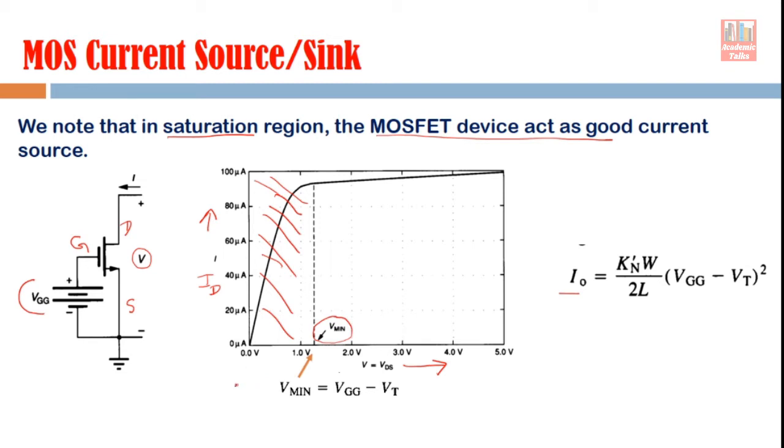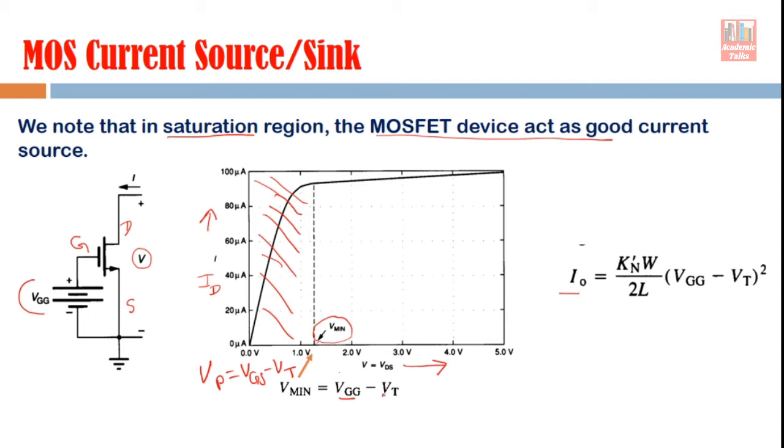Vp, you know that Vp is VGS minus Vt. So here your VGS, gate source voltage, is VGG. That's why VGG is there, and Vt of course is there. So in the characteristic curve, this V minimum is defined, and that you can find out with VGG minus Vt.